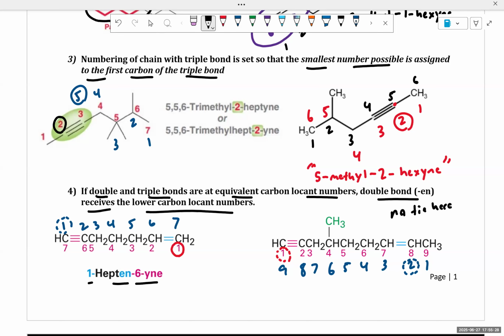You only give the alkene priority if there's a tie. So this molecule would be named as 4-methyl 7-nonen-1-yne.